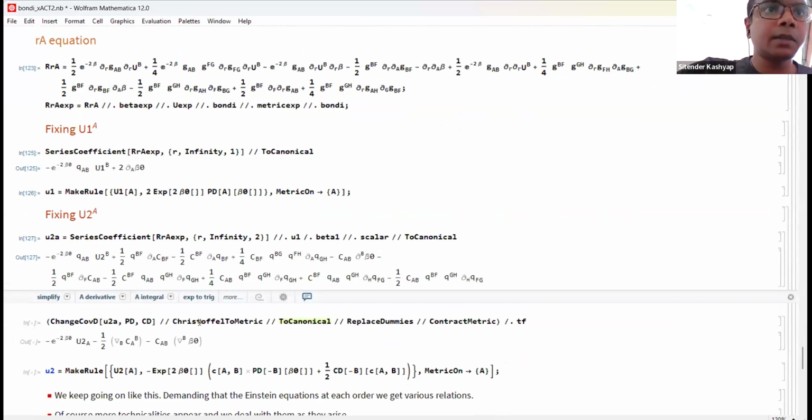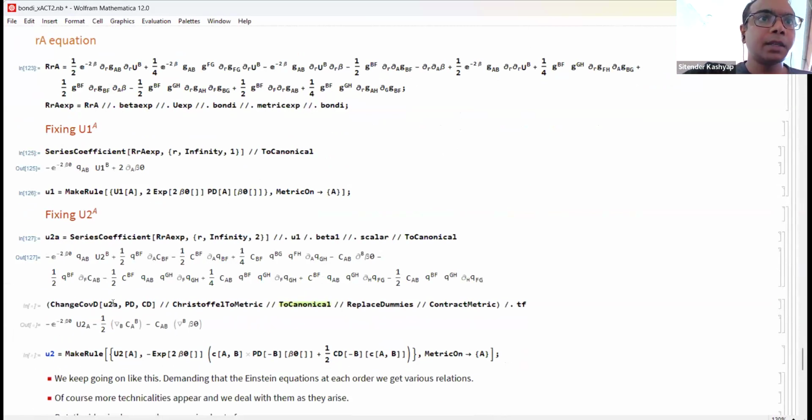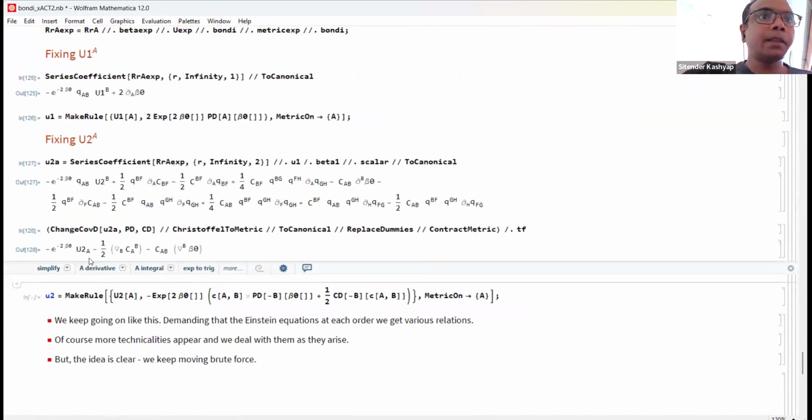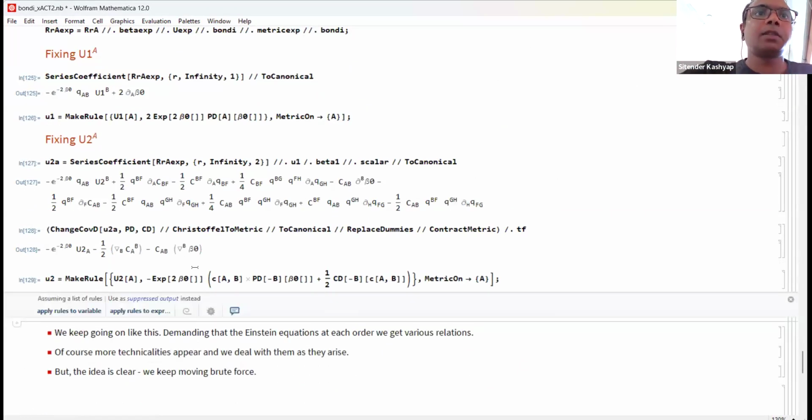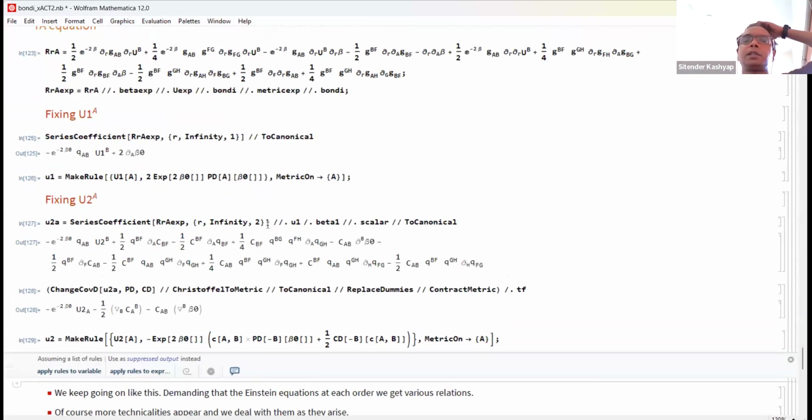But using xAct, we can convert all the partial derivatives into covariant derivatives, and then we get a simple expression. Then we can invert this equation to get what is u2. And we find that all of this matches with what has been given in the compares paper.